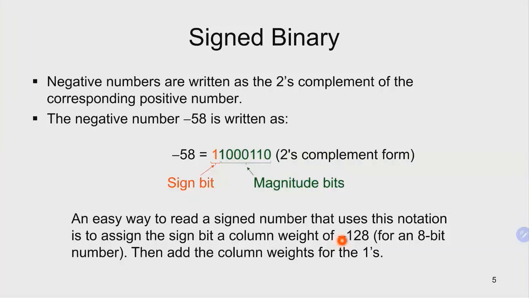We can work out this negative number by summing the values of each of the bits, and the 8th bit is assigned a value of minus 128. So instead of the normal binary, where the 8th bit of an 8-bit number would be just 128, if it's a signed binary, we assign the 8th bit as minus 128. You'll see in a minute why we do that.